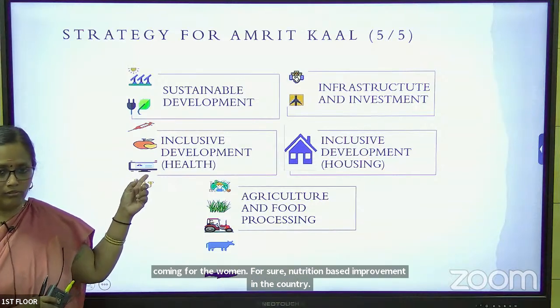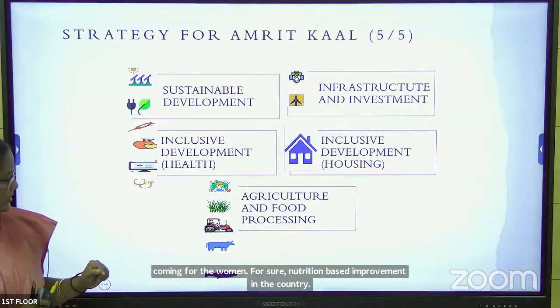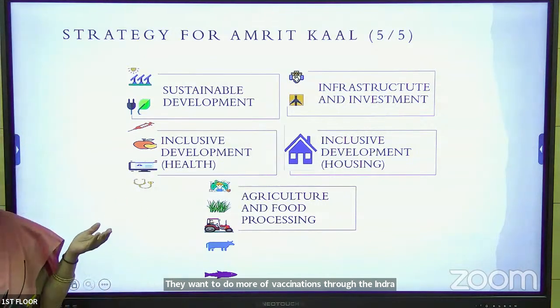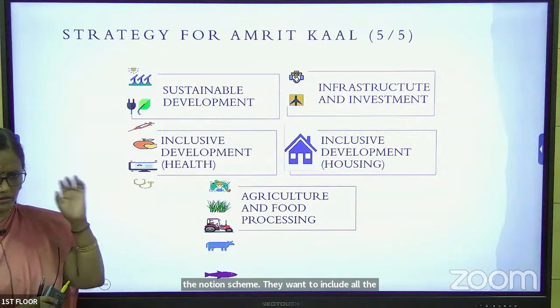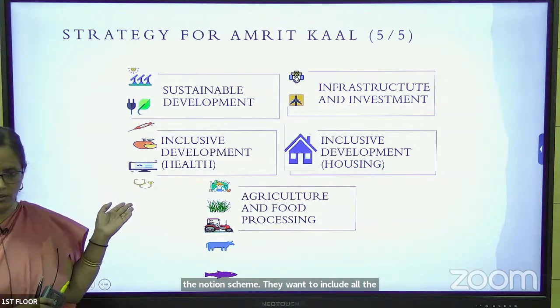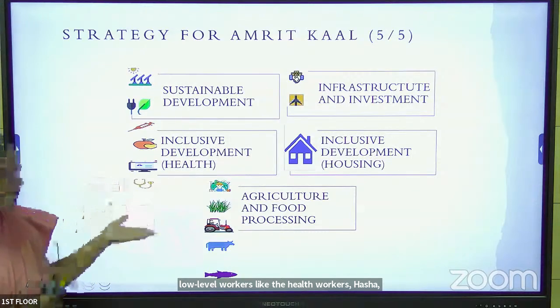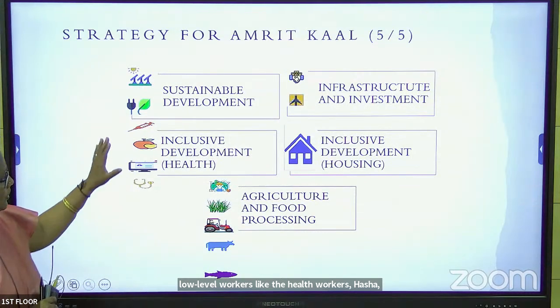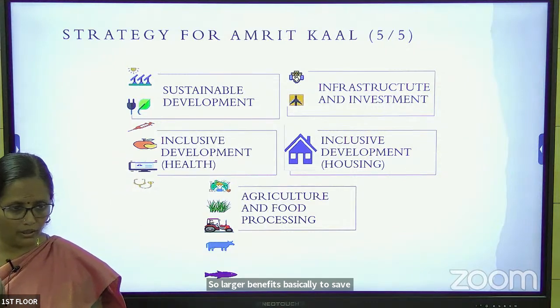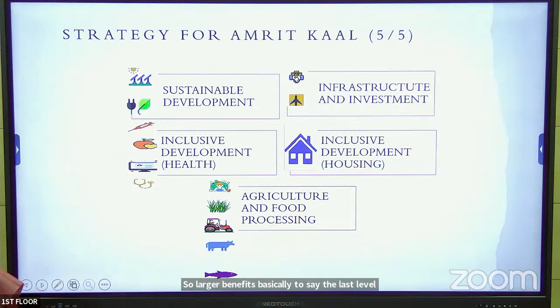They want to do more vaccinations through the Indra Dhanush scheme. They want to include all the low-level workers like the health workers, Ashas, Anganwadi workers into the Ayushman Bharat health insurance scheme. So larger benefits, basically to say the last level worker is also getting included into the development process.